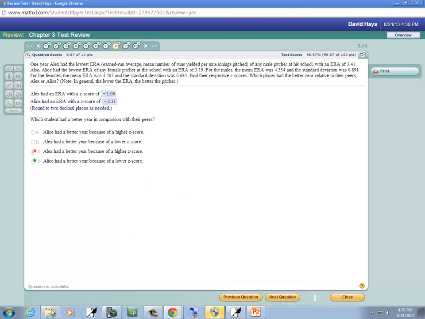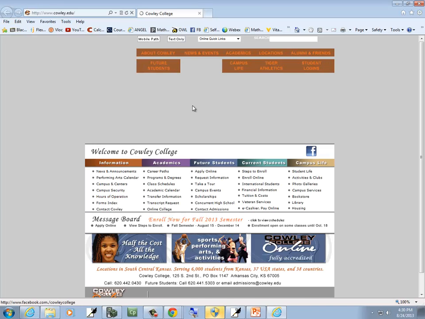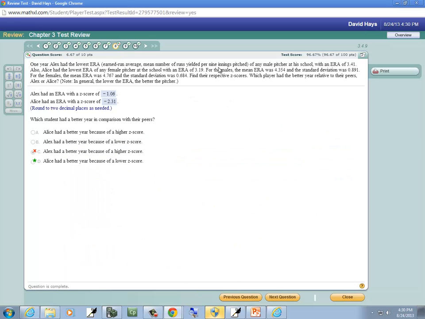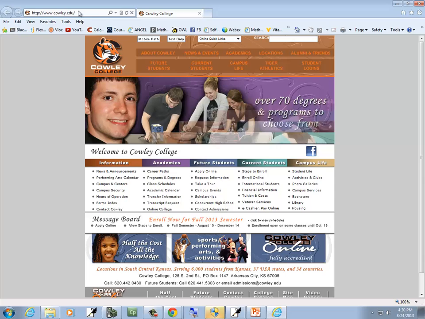Oh, that's embarrassing. Earned run average. Had the lowest ERA. Oh, so the lower z-score is better, because the lower ERA is better.